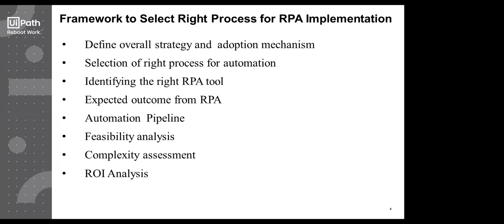There are some processes which are unsuitable for RPA implementation for n number of reasons. For example, if the environment or applications involved are prone to frequent changes, very volatile, changing every other day, then the effort you put in is more than the person doing it, because it's all based on selectors.